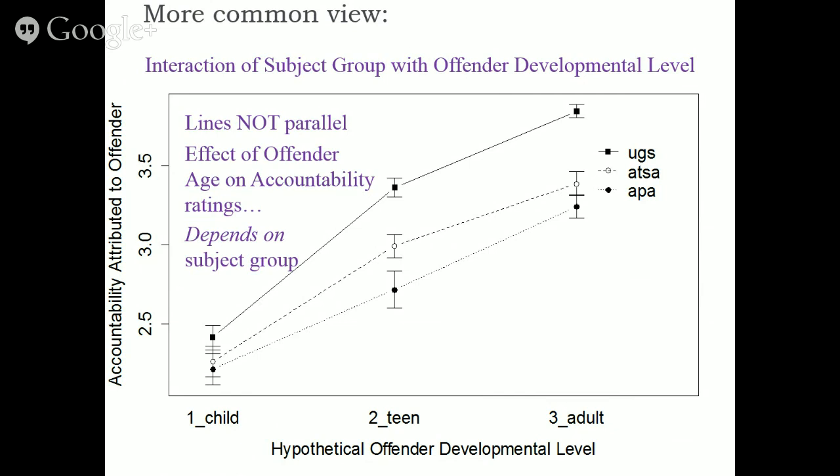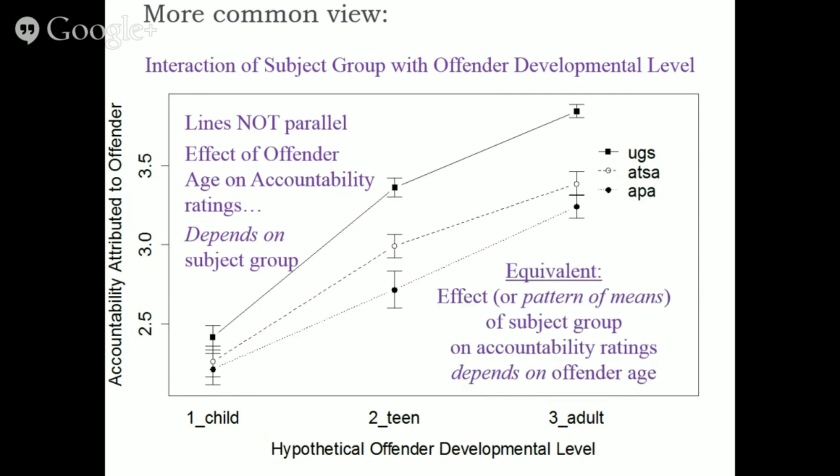So the interpretation of this is that the effect of offender age on accountability ratings, so the differences in accountability ratings that exist at different offender ages, those differences are different for different subject groups.